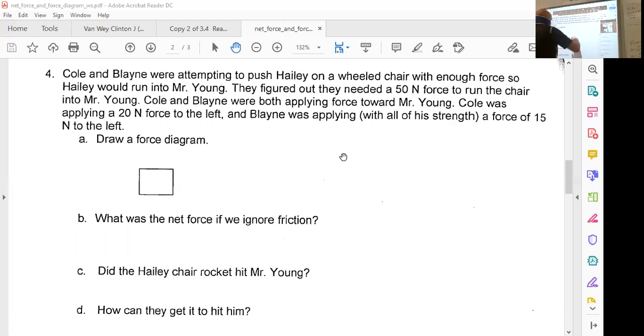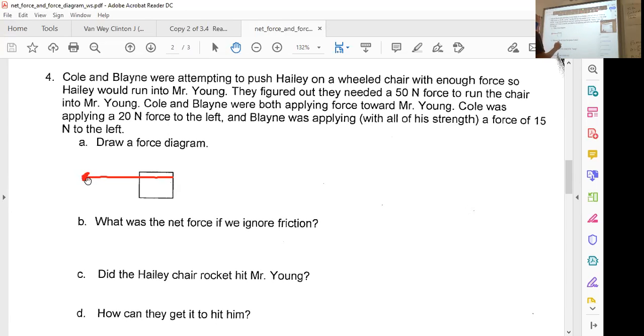So I'm going to go into a diagram and I'm going to draw a 20 Newton force. My arrows are not good. I gotta do better arrows. Good enough. There's an eraser tool, you know. I know. So he's doing 20 newtons to the left.